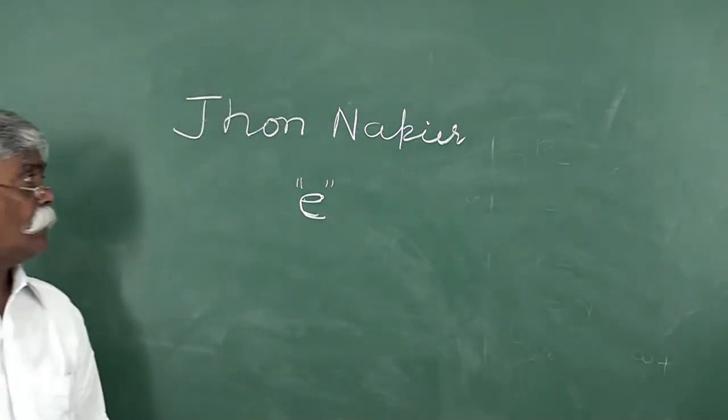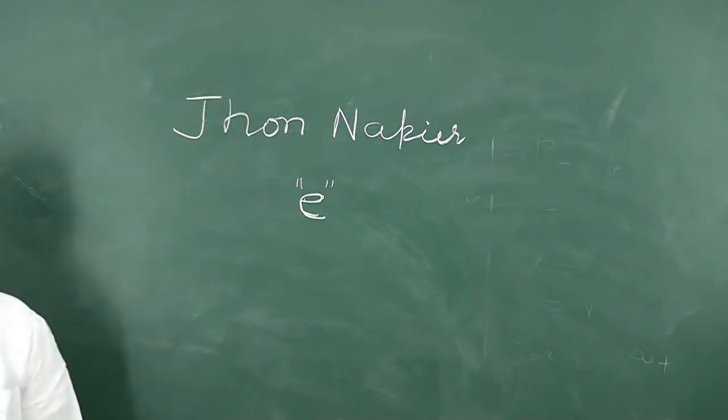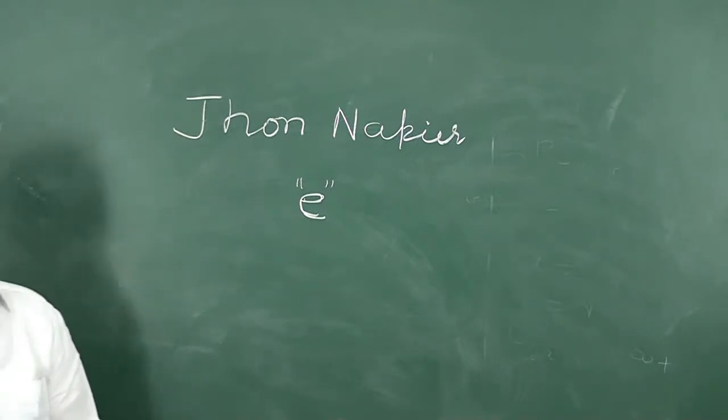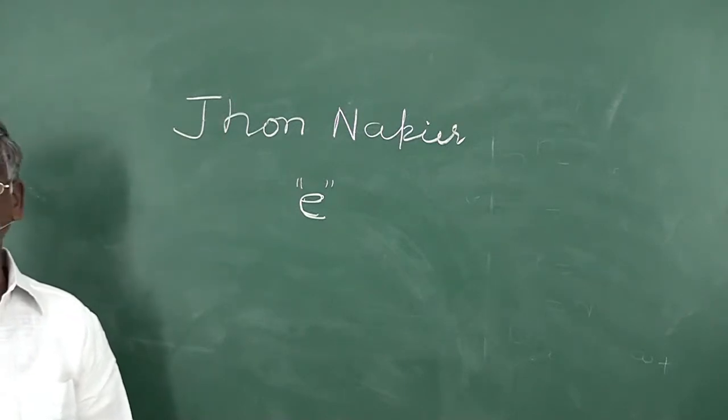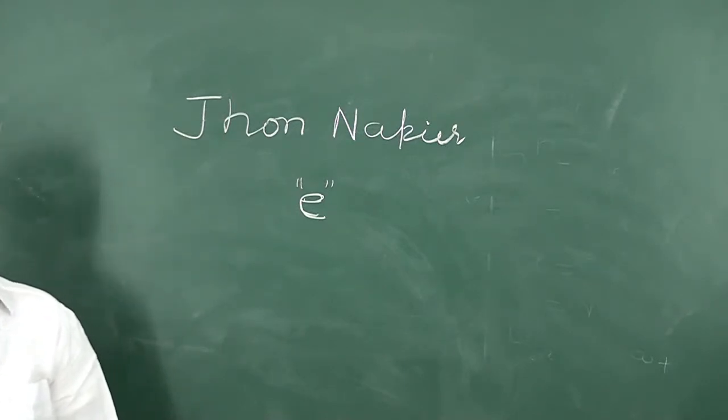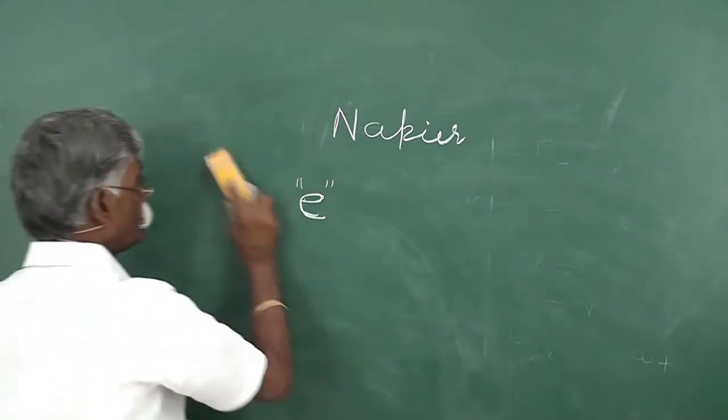So hence the logarithms which were calculated to the base e are called Naperian logarithms or natural logarithms.